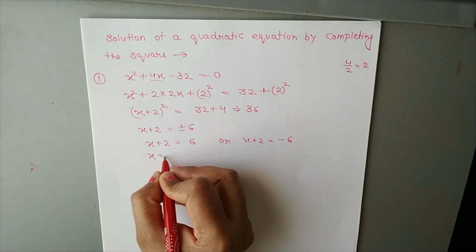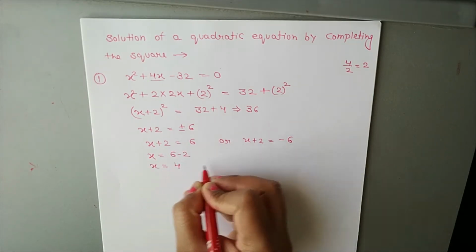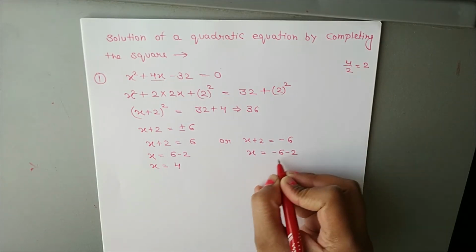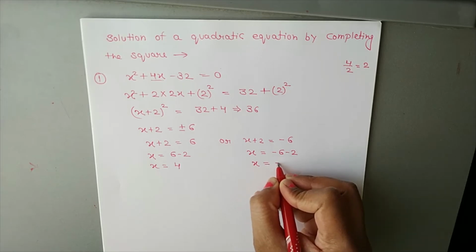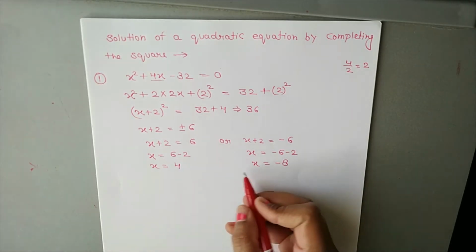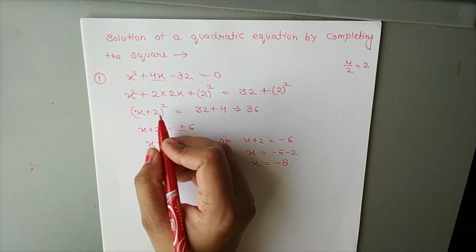So x is equal to 6 minus 2, that is x is equal to 4. Then x is equal to minus 6 minus 2, so x is equal to minus 8. These are the solutions of this quadratic equation by completing the square.